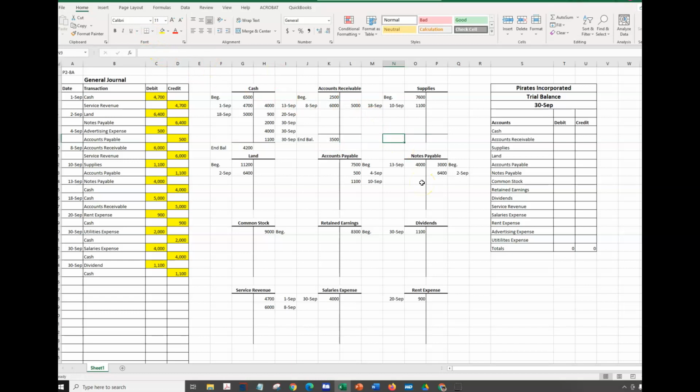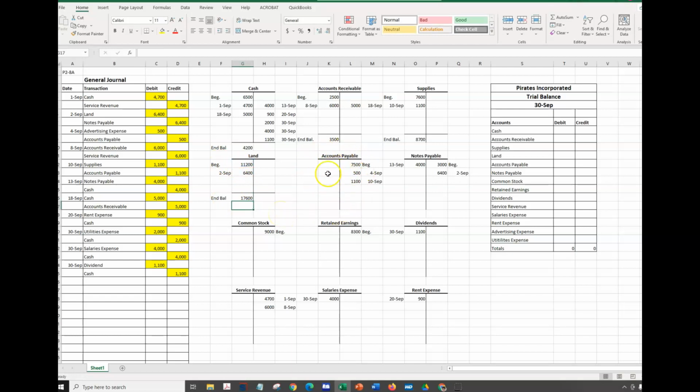My ending balance, I'm going to take 7,600 plus 1,100. There's no credits, so I don't have to subtract anything. My balance is 8,700. Land. Ending balance. Again, an asset, so the balance is on the debit side. And I'm just going to add up the two debits because there's no credits.